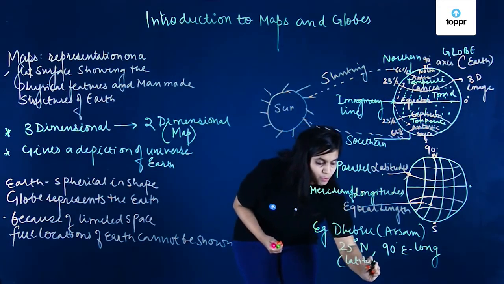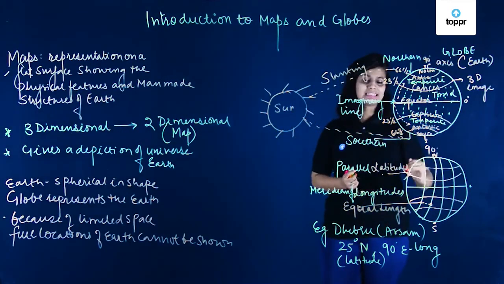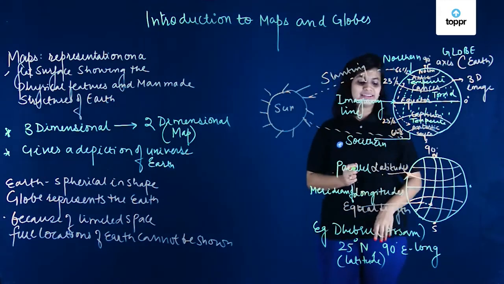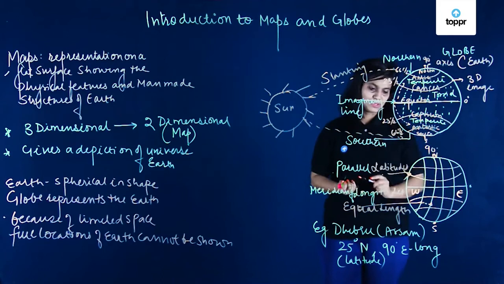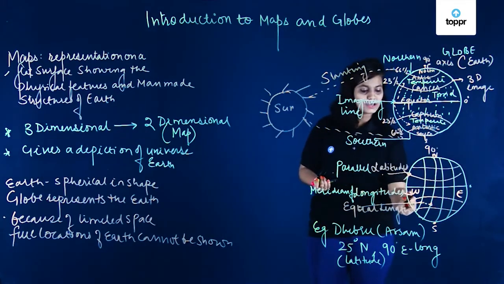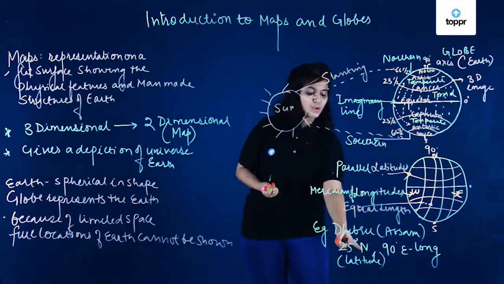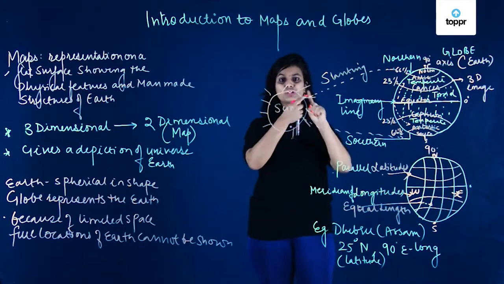Latitude. Why so? Because the latitude is dividing it into northern and southern hemisphere, and the longitude is dividing it into eastern and western hemisphere. Right, student? So you get to know about this place, you have the measurement, you can directly locate wherever longitude and latitude are meeting.